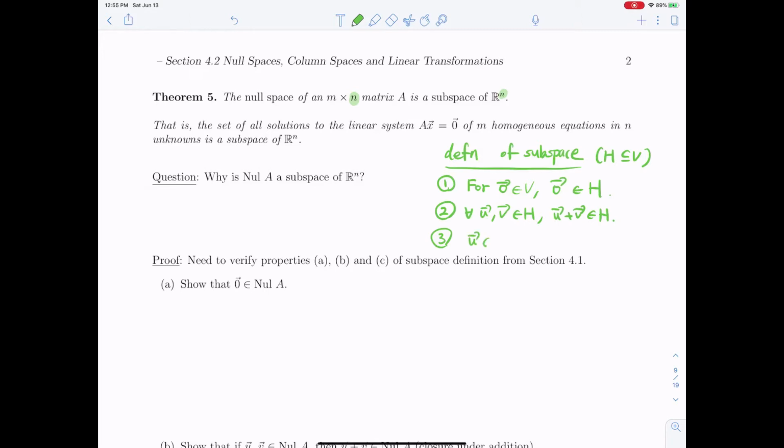So for any u inside H and a number c, if you multiply c by u, then this has to be an element of H as well.